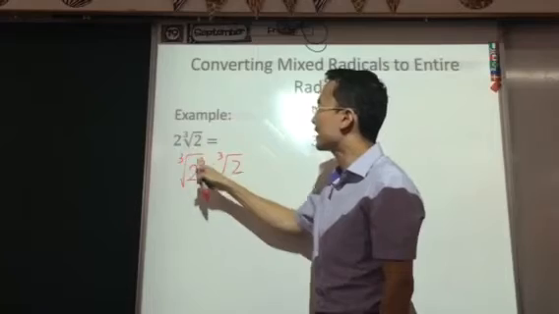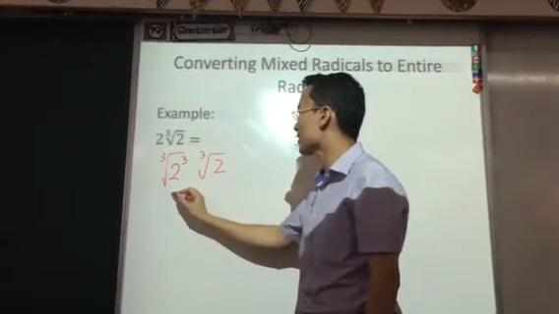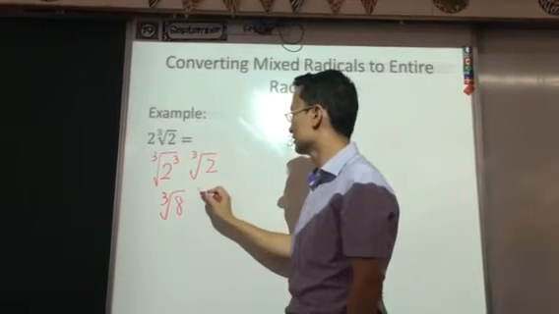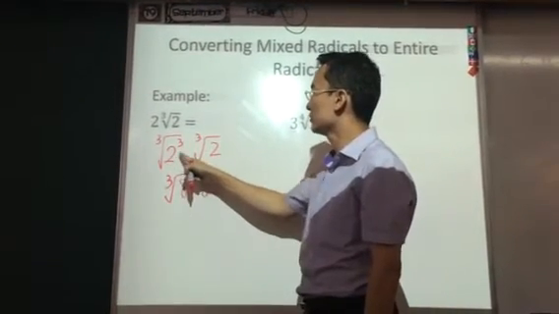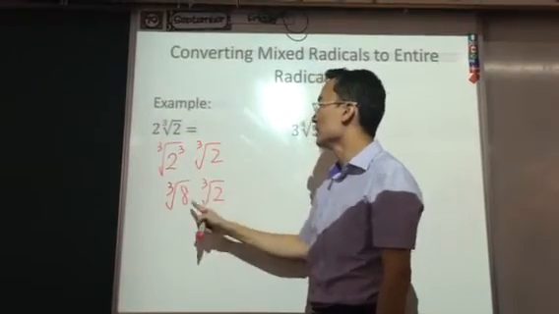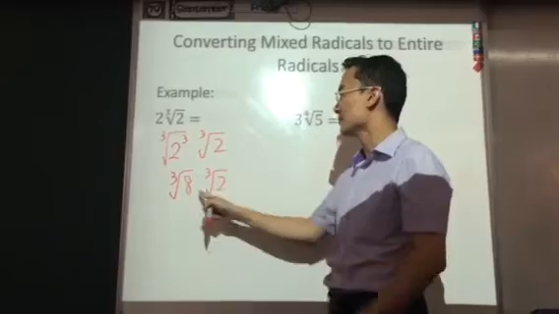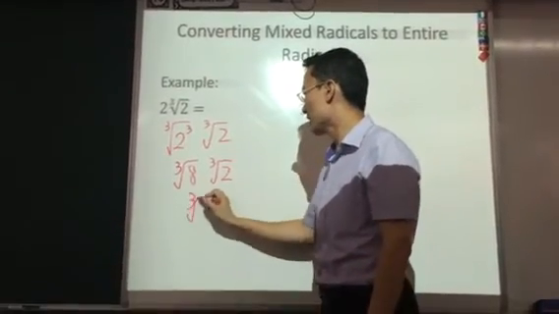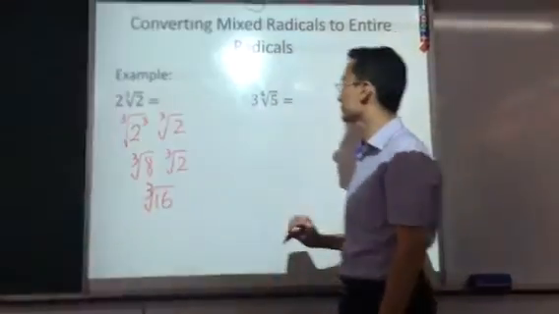So 2 becomes that, and this becomes this one. Well, this tells me this is actually an 8. Right? The cube root of 8 is a 2. Finally, as long as the index is the same, you can combine them. 8 and 2 together become 16. Root A times root B is root AB.